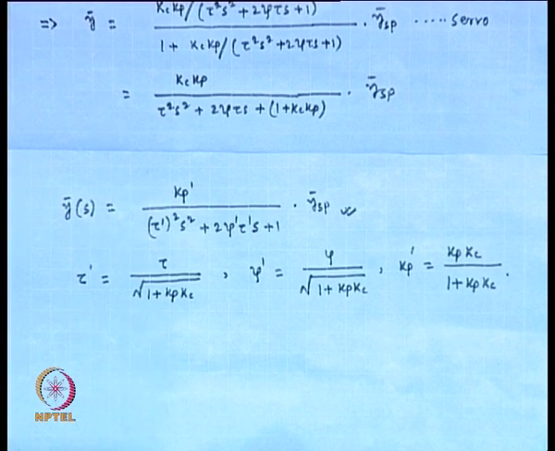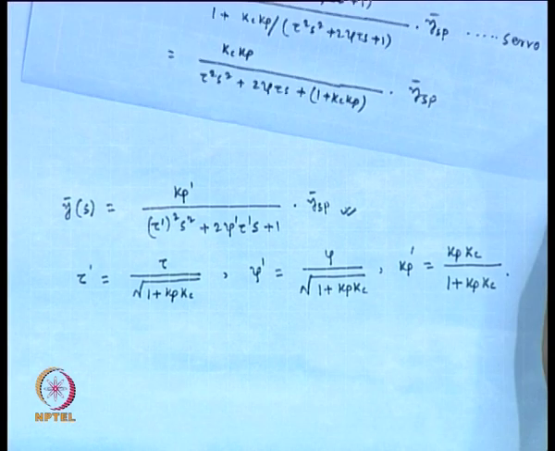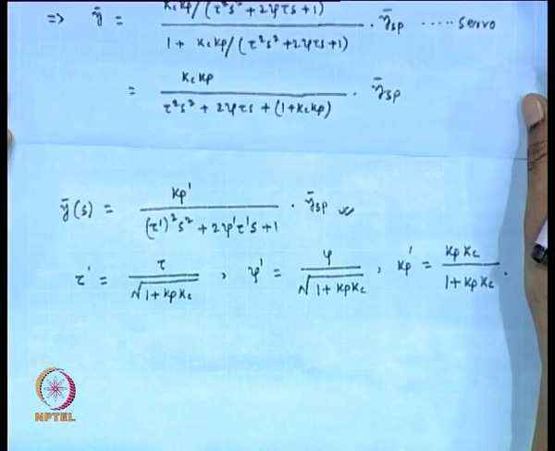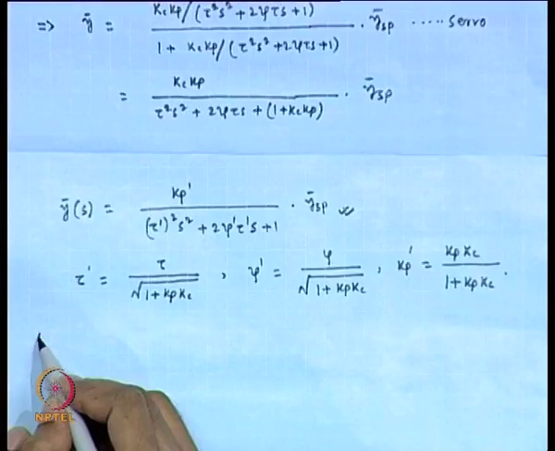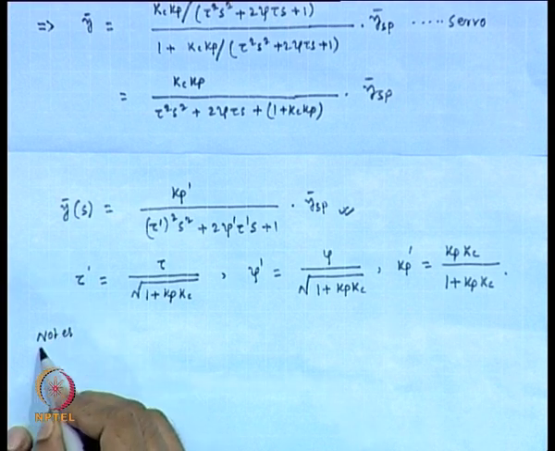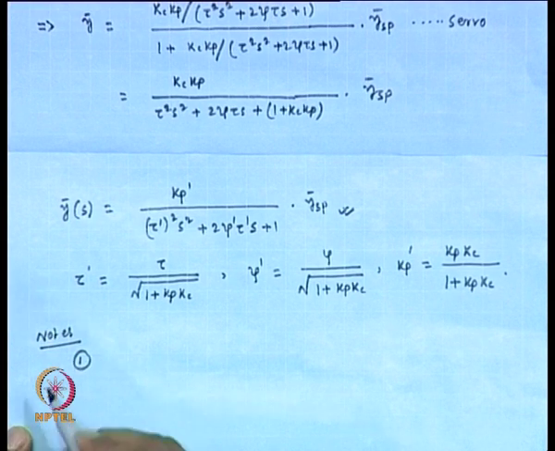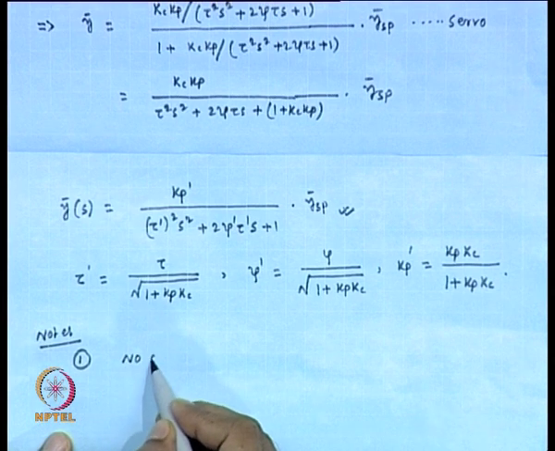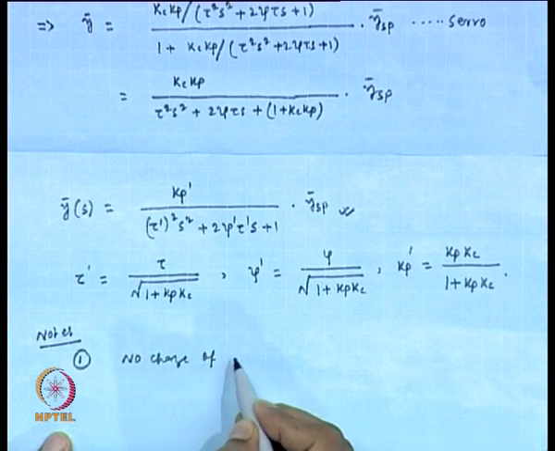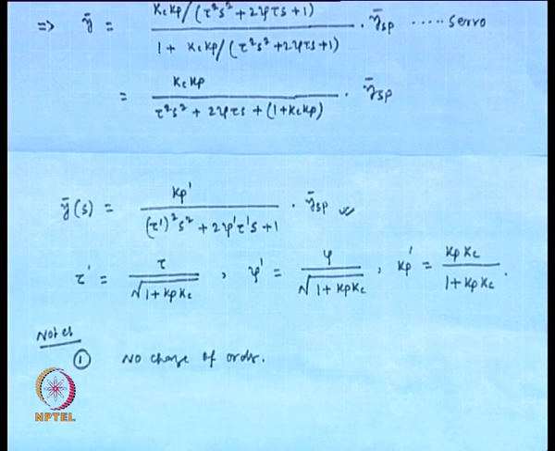Now we will conclude. Due to the inclusion of proportional controller with the second order process, there is no change of order of the overall system. This is the first point.